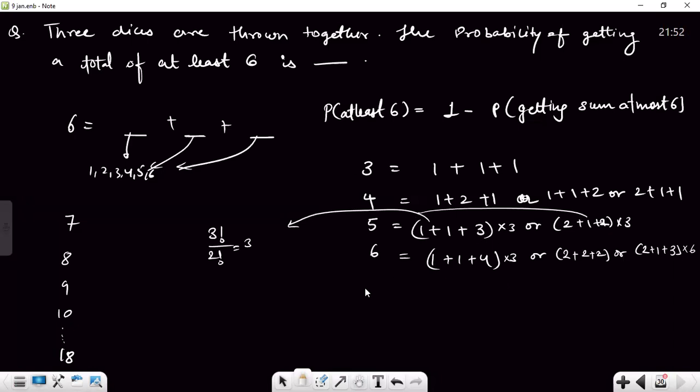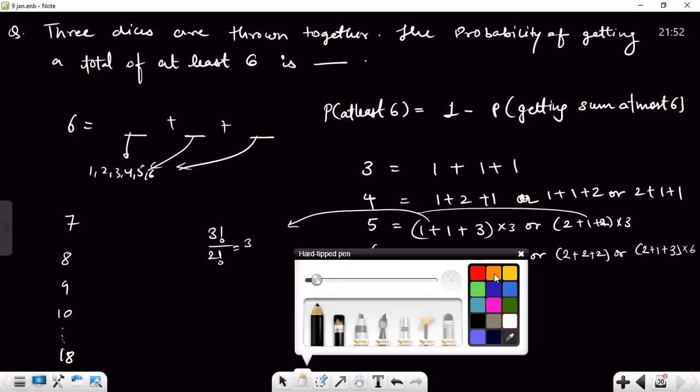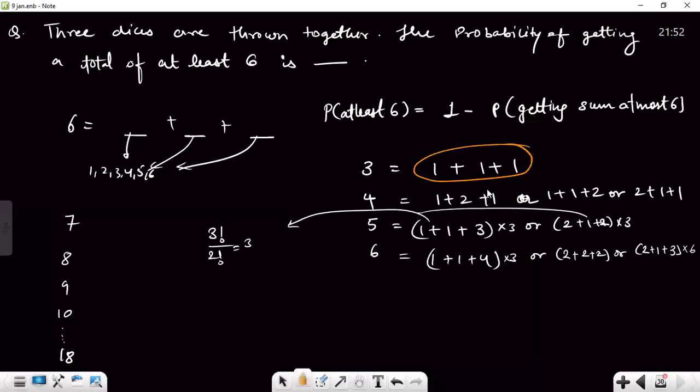Now let's find out the probability of getting a sum of at most 6. So how many cases are there? Let's find out the total number of favorable outcomes. So there's one case here, 2, 3, 4.